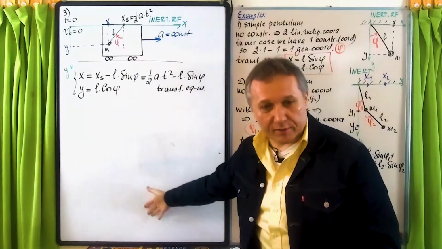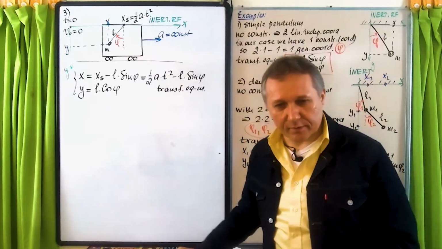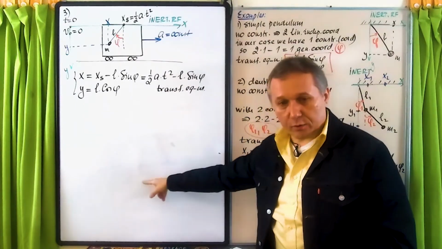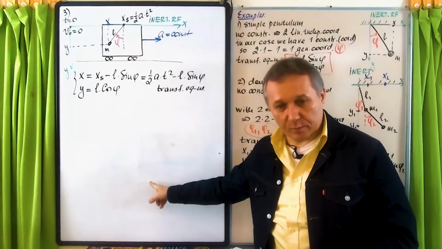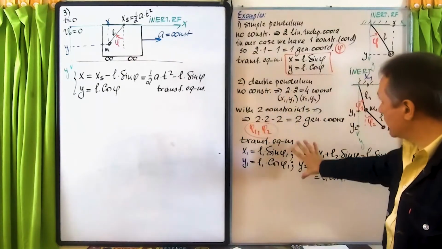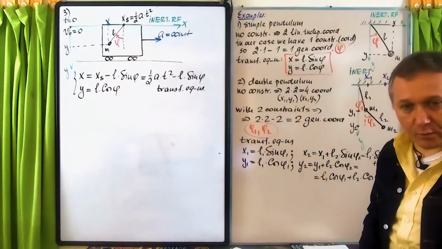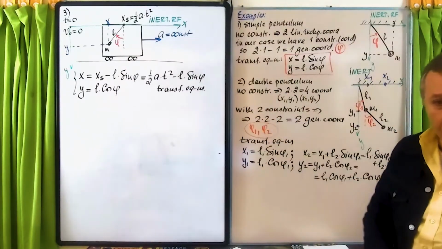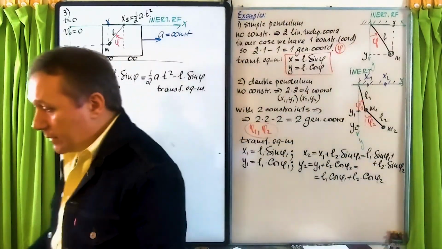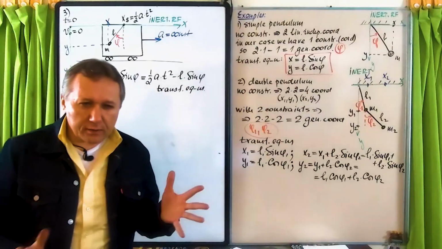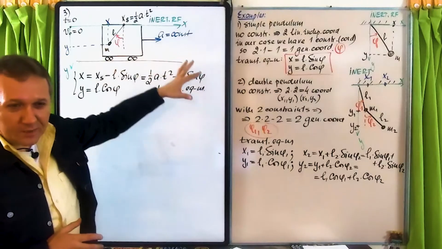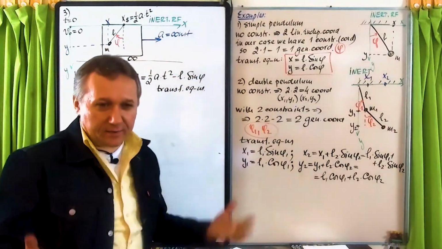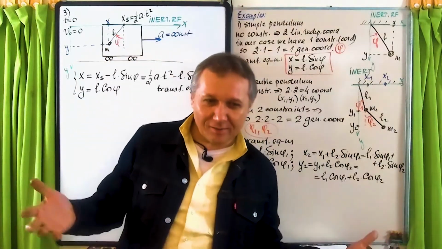I erased it over here, I should have left it. When I wrote down the general form of transformation equations, I said that it's possible to have time dependence. In the previous ones there's no time, but over here there is time dependence. Can I ask you, this system, is it kind of isolated, independent?